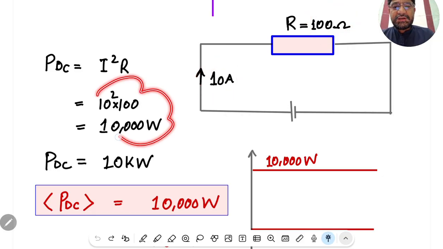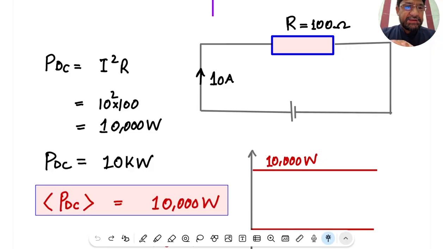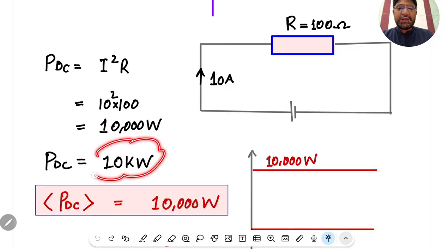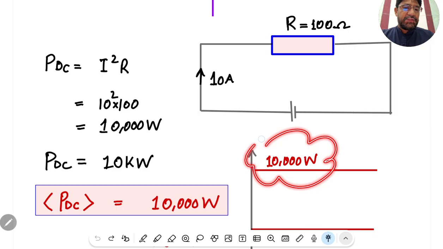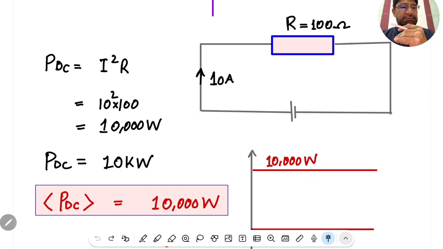So the total power dissipation due to a direct current in a resistor equals 10 kilowatt, that is 10,000 watt. As the behavior of direct current is steady and smooth, the same goes for the pattern of your direct power.